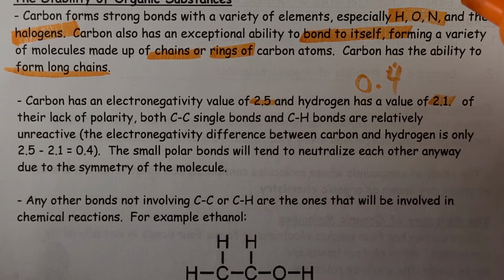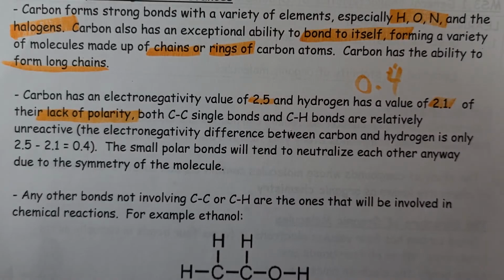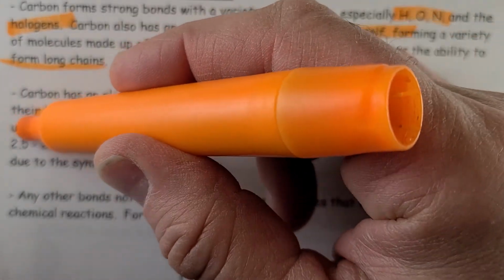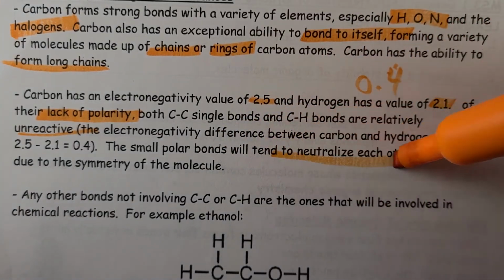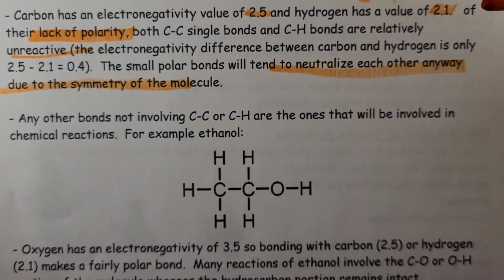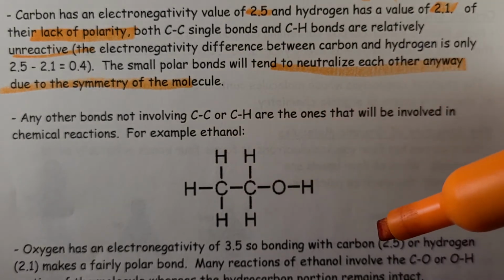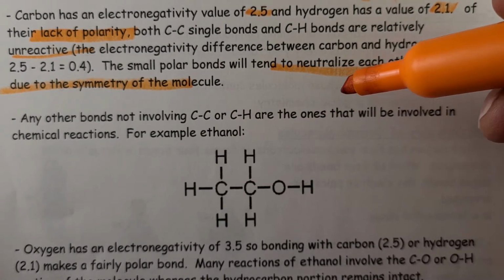And due to symmetry, it's going to virtually be non-polar, so there's a lack of polarity, virtually unreactive. The small polar bonds will tend to neutralize each other anyway, due to the symmetry of the molecule, that tetrahedral shape.